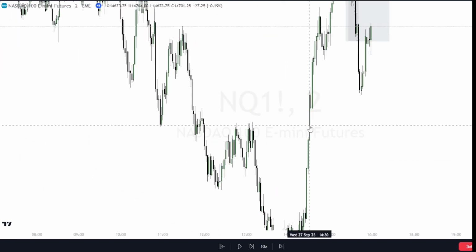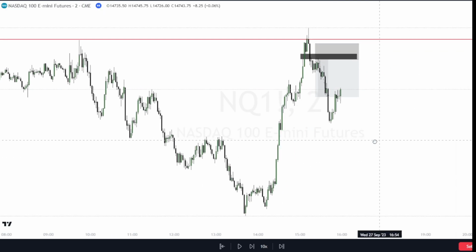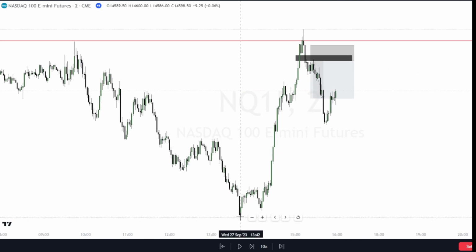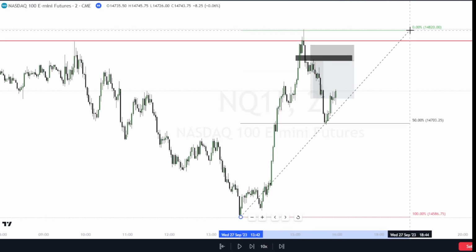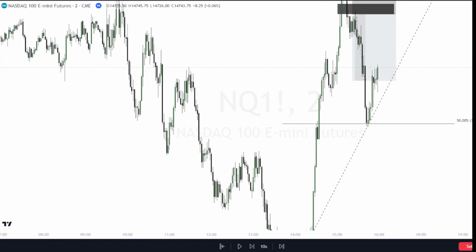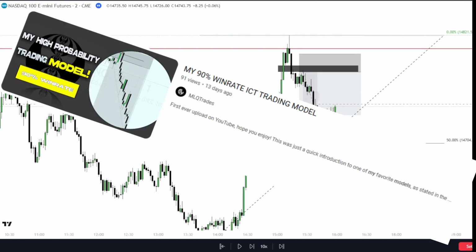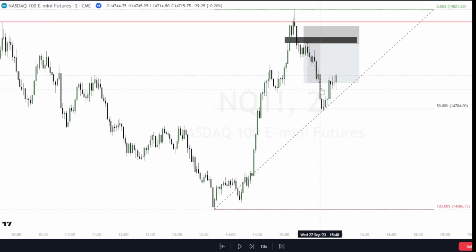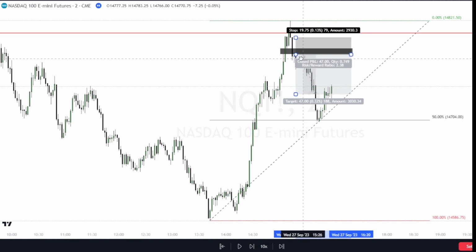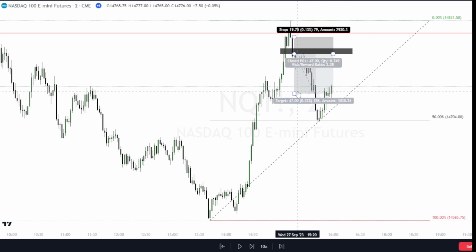This would have been a mental stop, and there's no way I'm targeting this. So what I would do is I would do this, and that lines up perfectly with this fair value gap right here, which would have hit, right? That's what I taught you in the video, what you can use for your targets. If there's no clear target, either you could have used this low right here as your target, right?